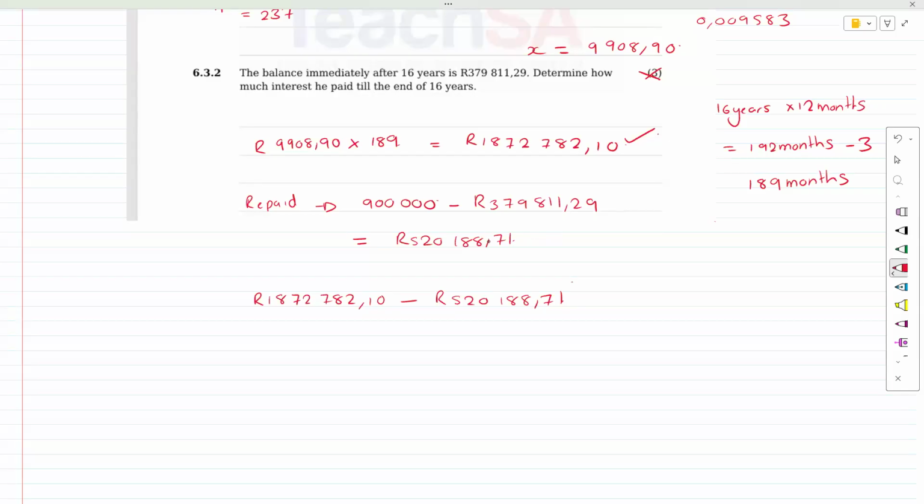So that's 1,872,782.10 minus 520,188.71. And the interest that he pays is 1,352,593.39. And that's how we're done.